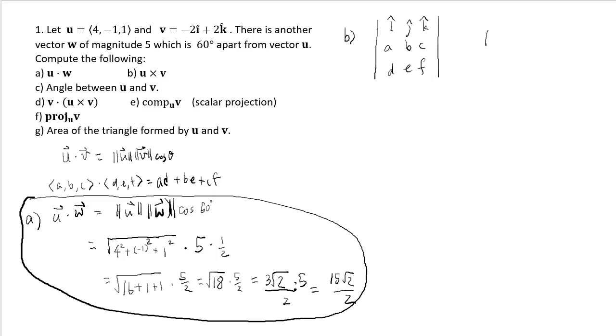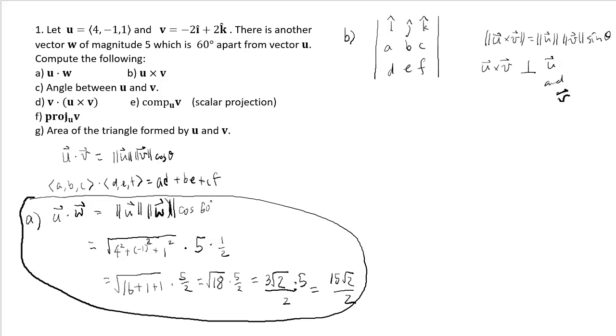The magnitude of u cross v is the norm of u times the norm of v times sine of theta, whereas the direction of u cross v is perpendicular to both u and v, and is given by the right-hand rule.